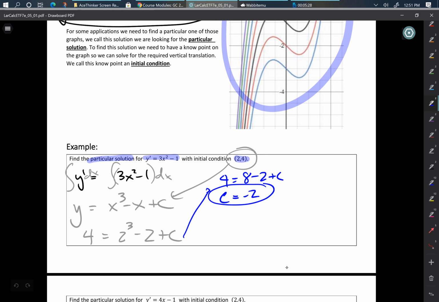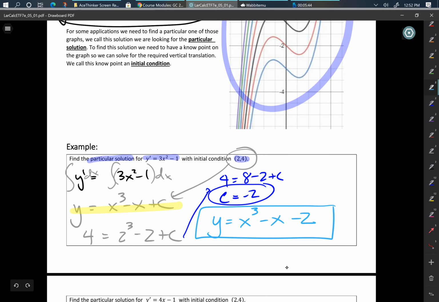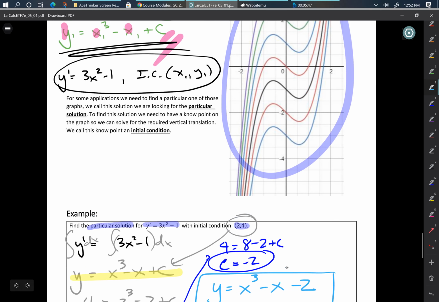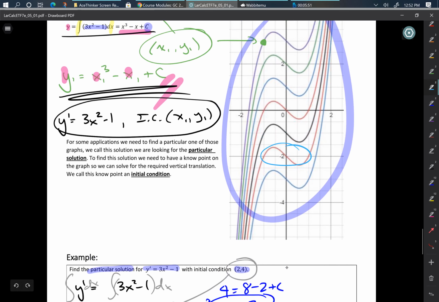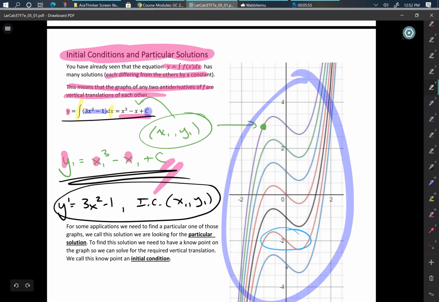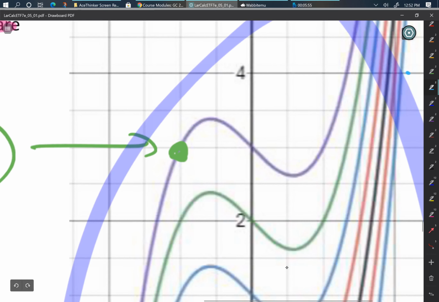The answer is a particular solution, and a particular solution is this with that specific value of c plugged in. So the particular solution is y equals x cubed minus x minus 2. This is the one that passes through the point (2, 4). It's this graph right here, that red one, because it passes through the point (2, 4), which is right there.